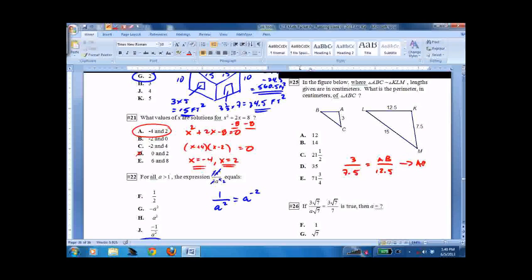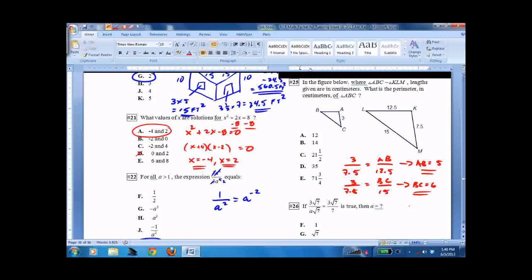So AB equals 5. Same thing again, 3 over 7.5 equals BC over 15. And BC equals 6.